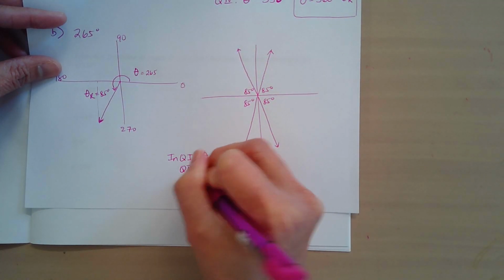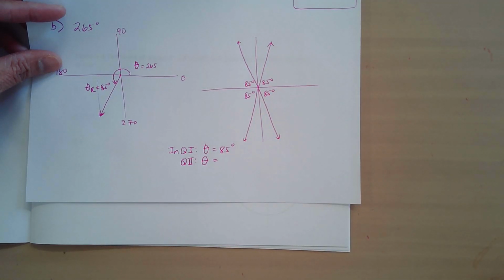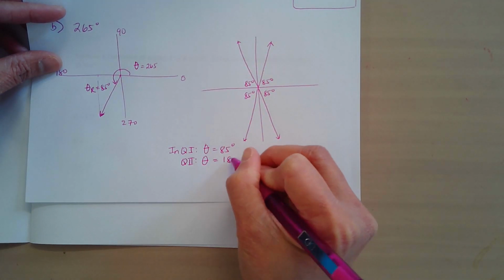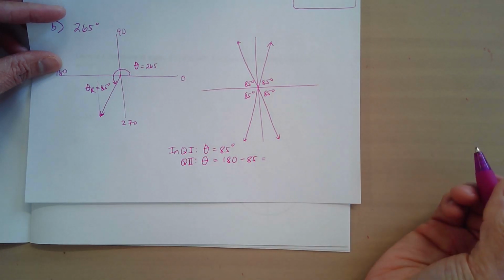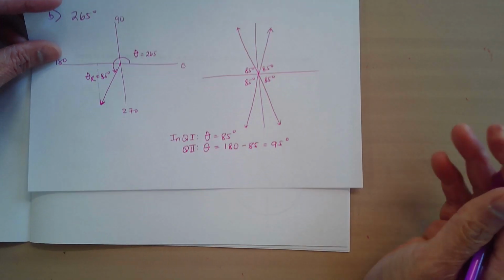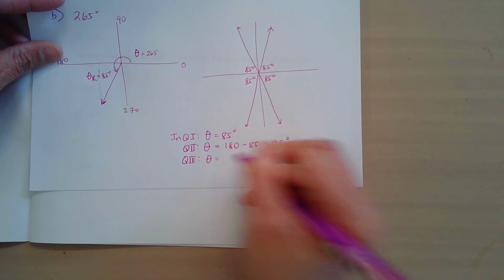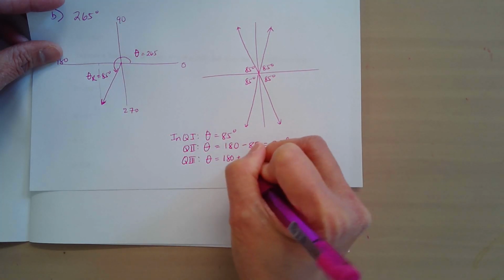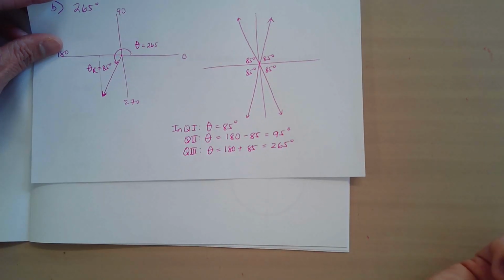In quadrant 2, it's going to be 180 minus 85, 95 degrees. In quadrant 3, it's 180 plus 85, 265.